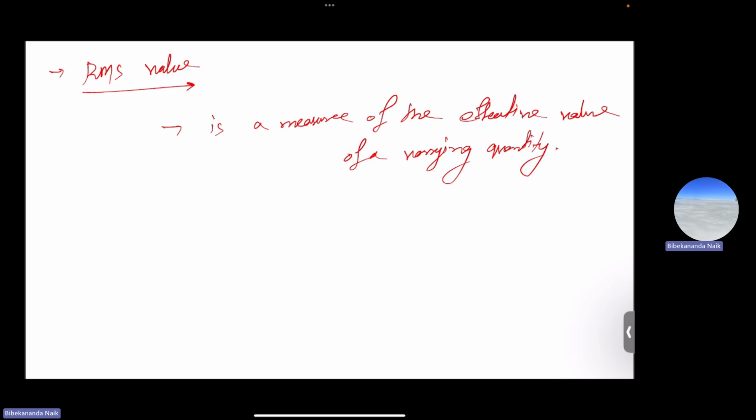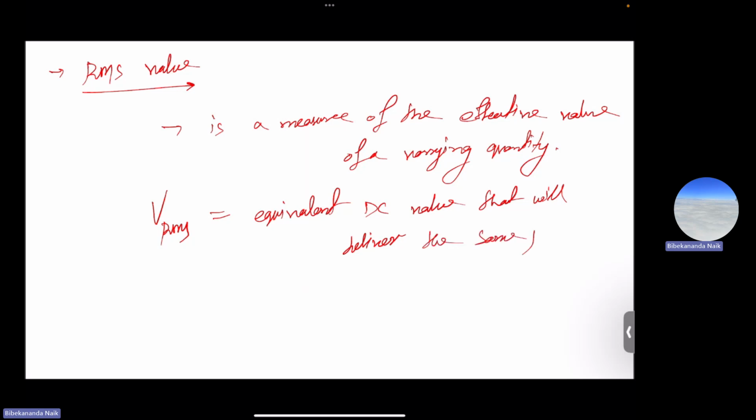Basically, it is the equivalent DC value that will deliver the same power to a resistor as that of the AC signal.